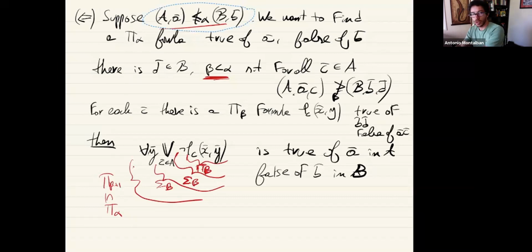If there are no questions, I'd like to switch now to topology on the space of structures. Let's remember a few things.